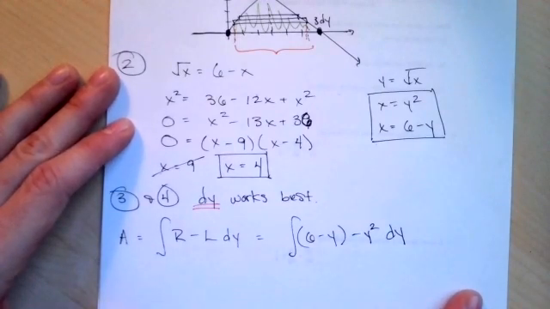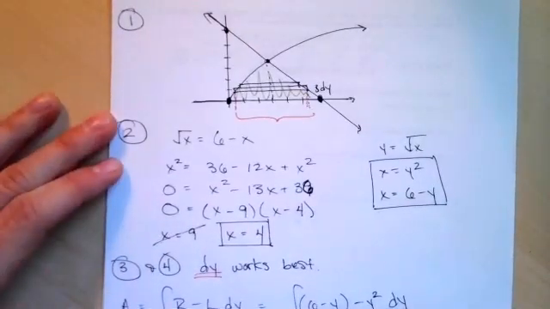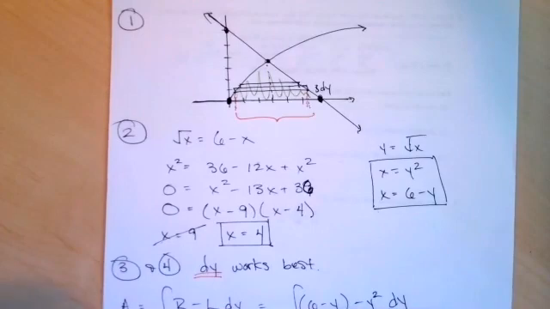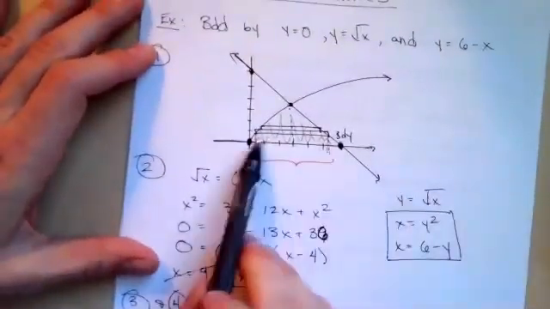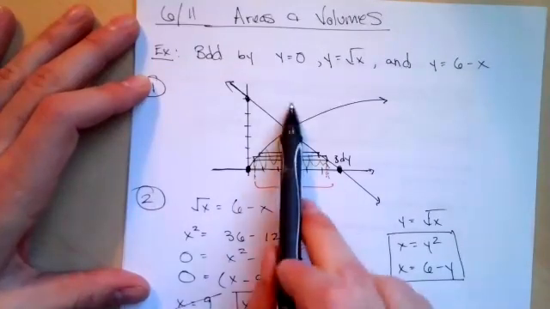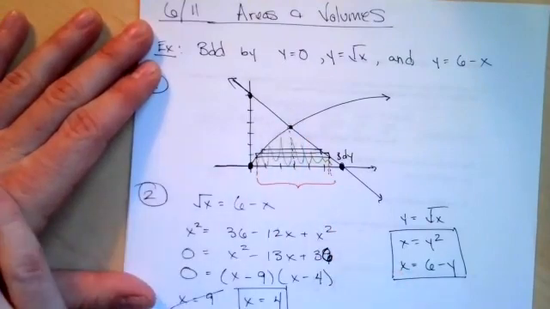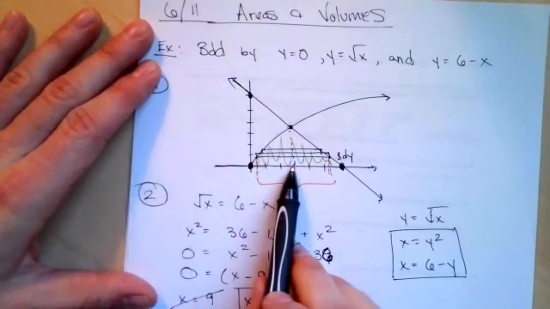And then the bounds, what do we want to use? Remember, we've got dy, so everything has to be in terms of y, including the bounds. The bounds are going to be y values. And we always integrate in the positive direction along y. So start with the lowest y value, and we're cutting upward. So our lowest y value is 0.